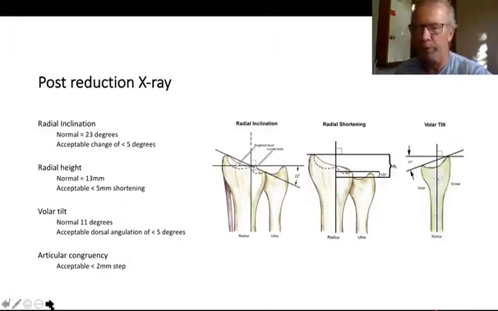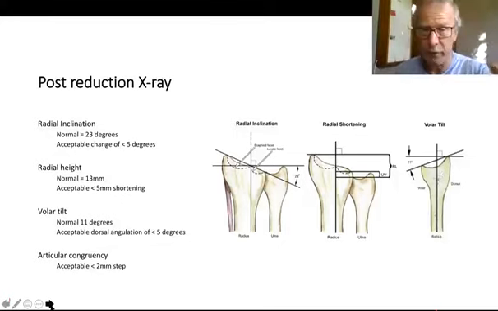So that's normal. Okay, so what's acceptable? Inclination is acceptable if the change is within 5 degrees of normal. The radial height within 5 millimeters, so they can accept 5 millimeters of shortening. Volar tilt, basically, we would accept anything up to 5 degrees of dorsal tilt, dorsal angulation.